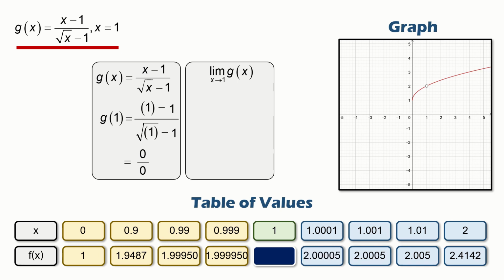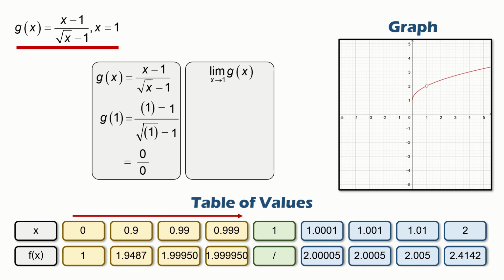When the x value is getting closer to 1 from the left side, the function is getting closer to what number? And when the x value is getting closer to 1 from the right side, the function is getting closer to what number? Pause the video and observe the table of values.